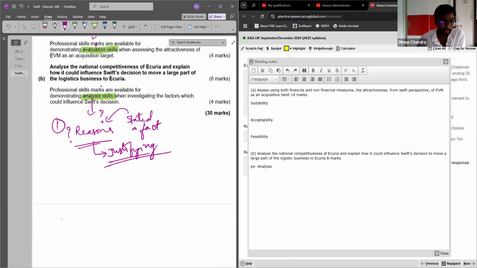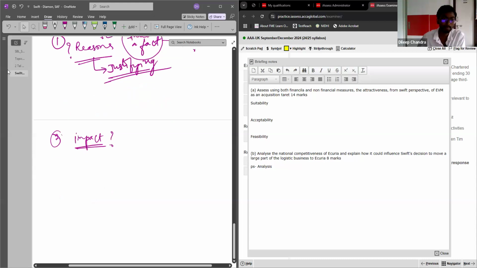Number 2 is to talk about the impact. You've said something, and because of this, what is going to be the impact on the company? That will also form part of your analysis skill.